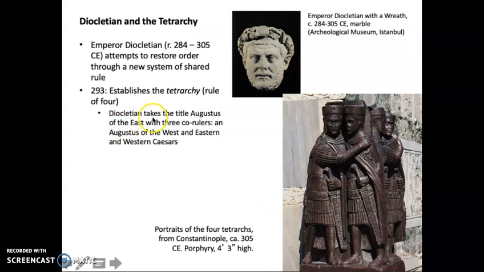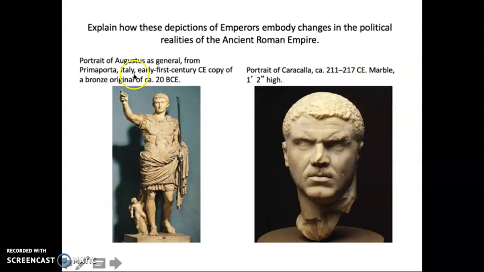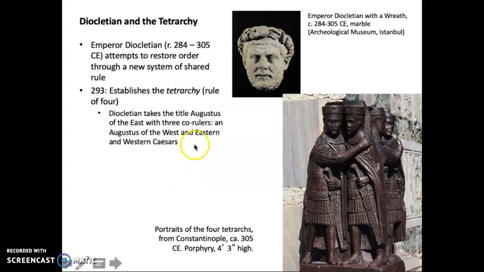So Diocletian himself had taken the title Augustus, which was thinking back to this grand emperor that was the most revered emperor of all. I would compare him to Abraham Lincoln in the history of the United States, right? Kind of the one who's most looked up to. And then the Caesars will take care of learning the ropes, as it were, to become an Augustus.